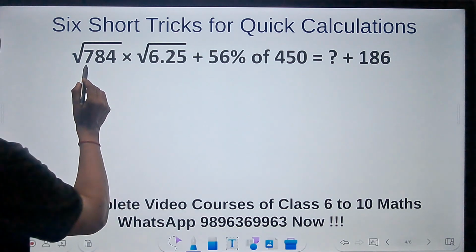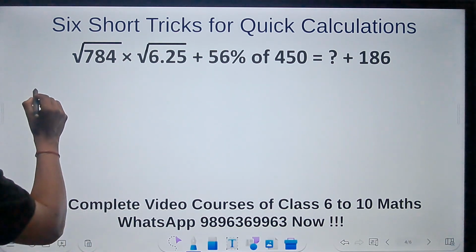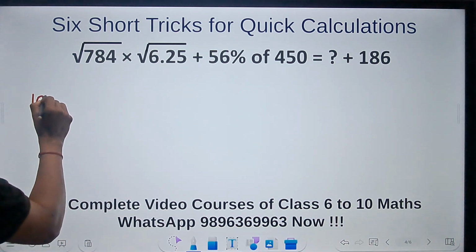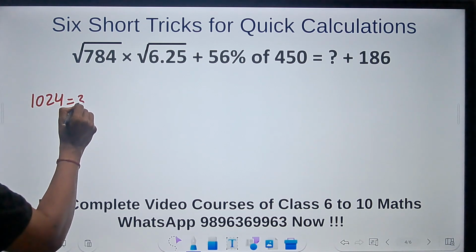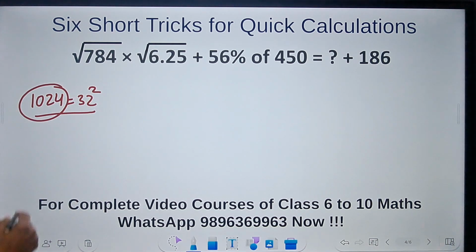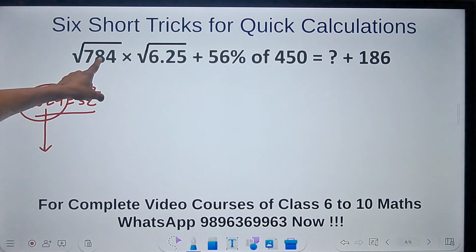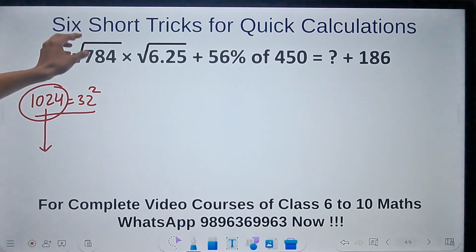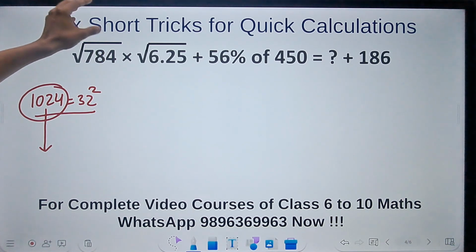Now whenever we have numbers up to say 1024, which is 32 square, below 1024, all the perfect squares should be learnt by heart. So you should know that 784 actually is a perfect square and it is 28 square.